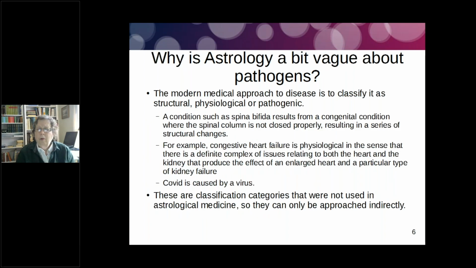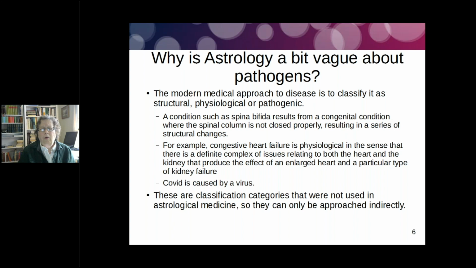Now, we can understand, however, that not having the kind of specificity of being able to look at a particular thing, the virus that causes chickenpox, for example, they couldn't classify diseases as having causative agents in the same way, but what they did is they could classify diseases in other ways.